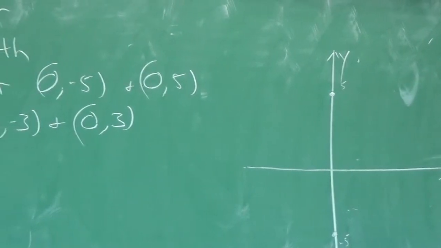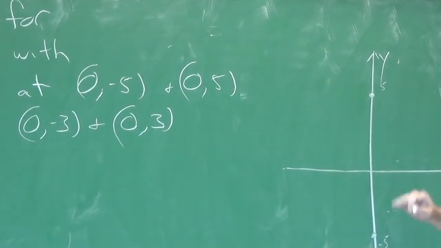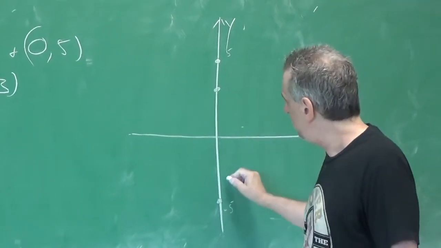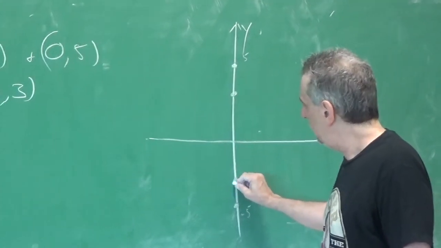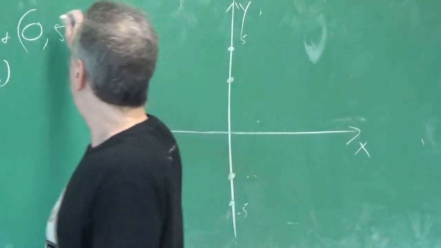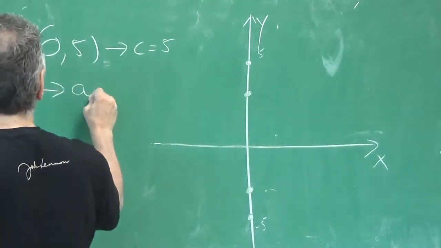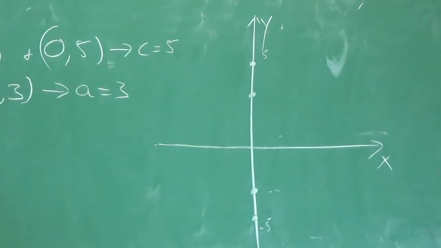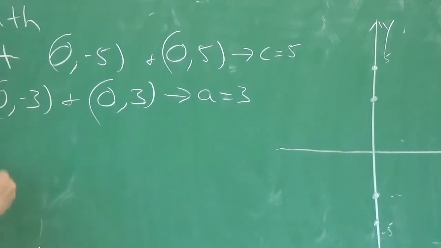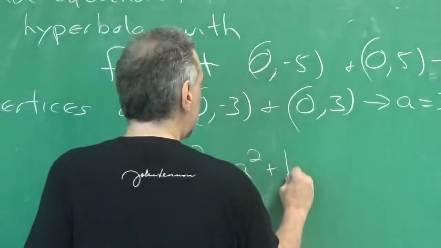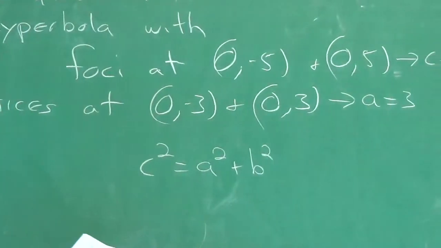And the vertices, and again, only two vertices, end of the transverse axis, 0, 3 and 0, -3. And so the foci gives us the C value, and the vertices give us the A value, which allow us to find the B value, because we know C squared is A squared plus B squared.